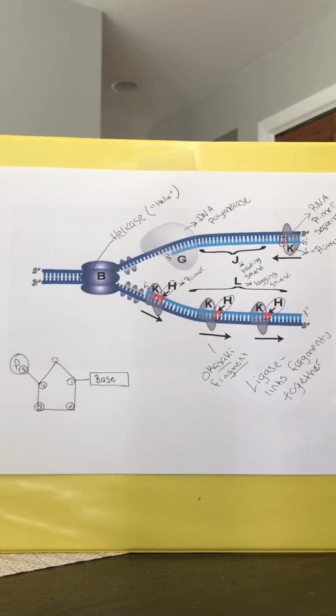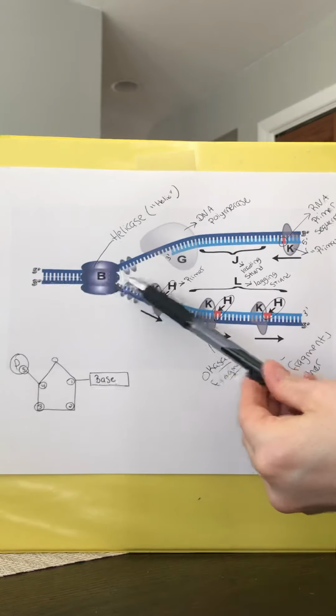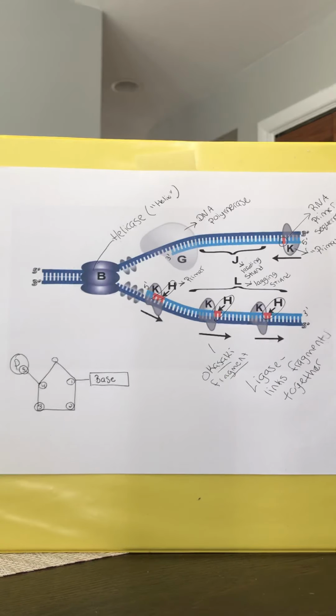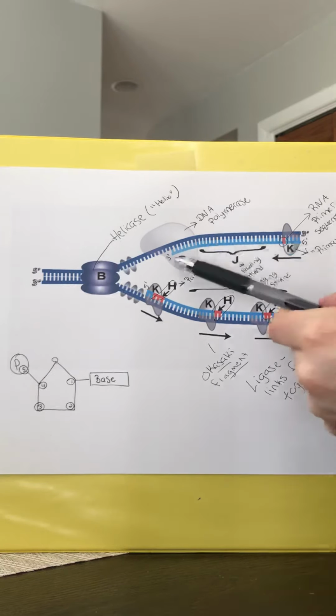So really quickly, just to run through this with you from the very beginning, helicase unzips the DNA. An RNA primer sequence is laid down by primase, which tells DNA polymerase to start here. The leading strand is synthesized in the 5' to 3' direction. Once this one's all done, more RNA primer sequences are laid down on the lagging strand, but they are done in chunks.